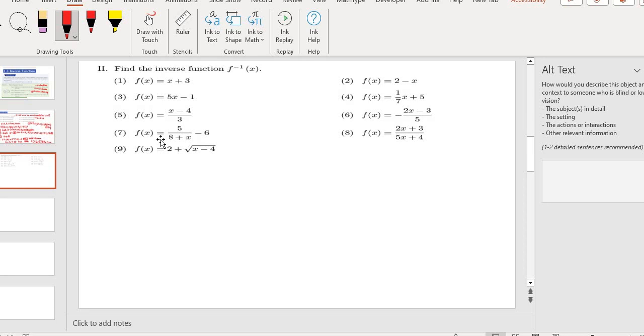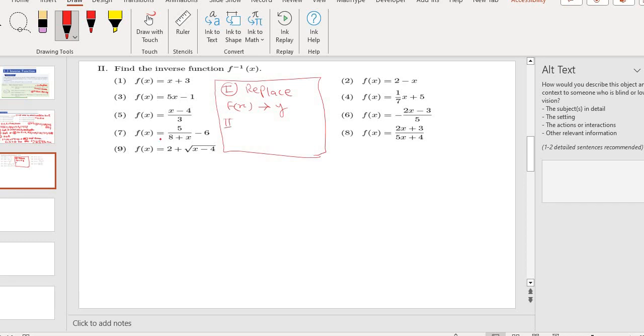Now, second part. Second part means find the inverse of the function, F inverse of x. For that, I am going to write the steps. What you have to do, first step is replace f(x) as y.